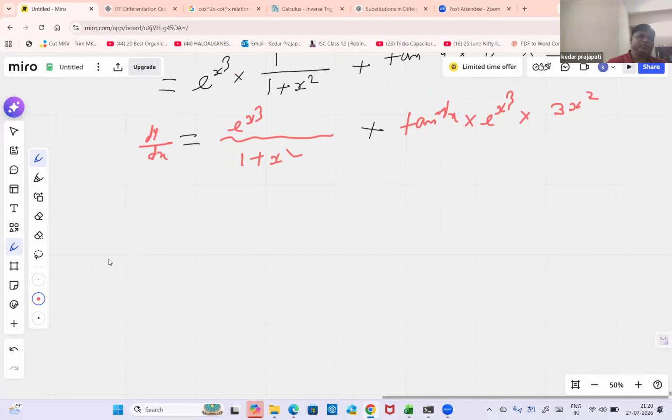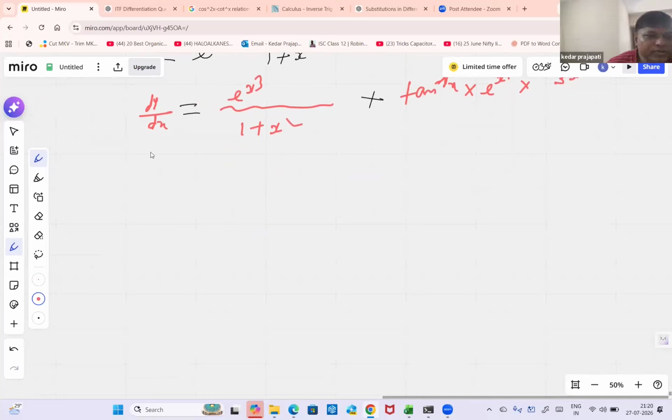Okay. So let us do one very complex exercise. Very important. So I am taking y equal to cos log tan inverse x.